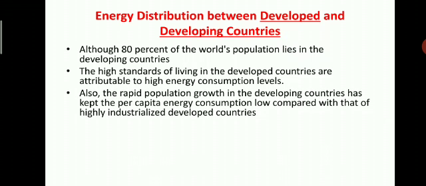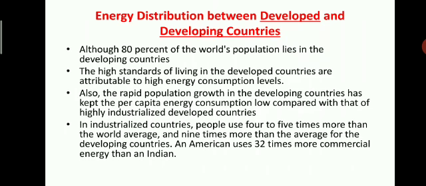So highly industrialized developed countries are China, Australia, America, United Kingdom. In industrial countries, people use 4 to 5 times more than the world average, and 9 times more than the average for the developing countries. And an American uses 30 times more commercial energy than in India. So this is a very important point.